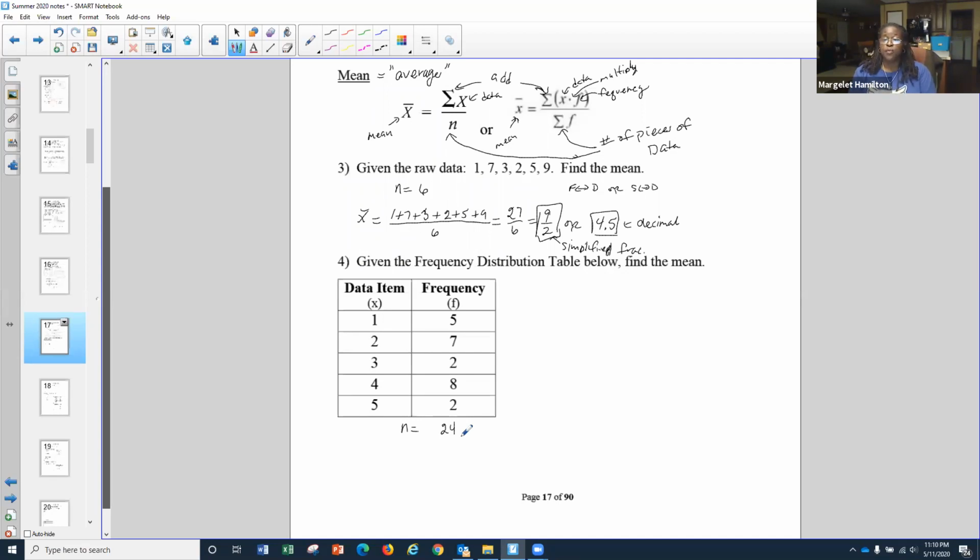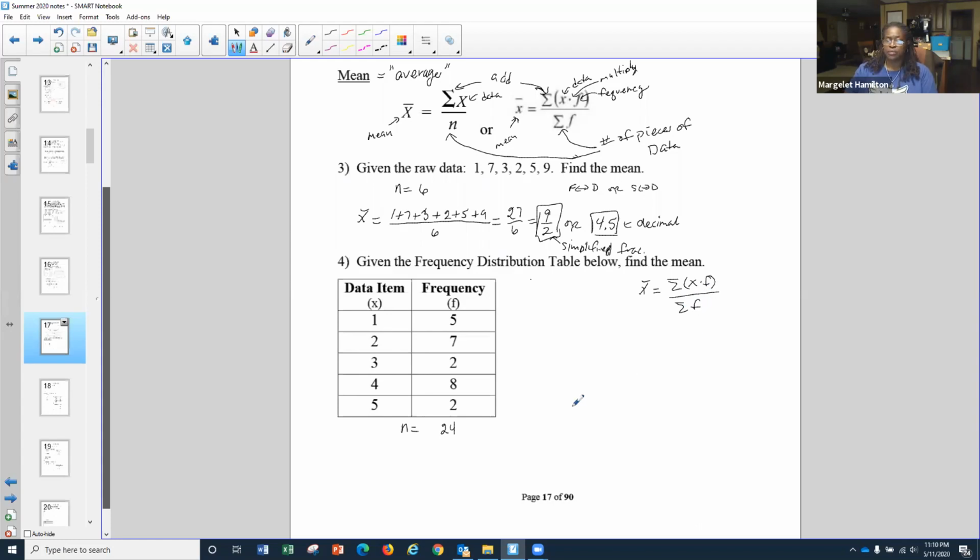Now using the formula up at the top, why do we know? Because we're talking about frequency in there, right? So this is the mean of a frequency distribution table. So we're going to use x bar equals the summation of x times f all over the summation of f.